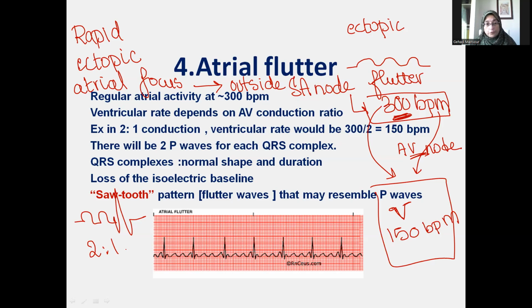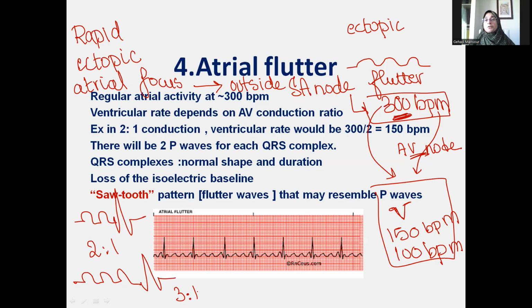But the AV node might decide to do a 3-to-1 block, in which case the ventricular rate would be only 300 divided by 3, 100 beats per minute. So you would find 3 depolarizations of the atria followed by 1 depolarization of the QRS complex, meaning that you would find 3 P waves for 1 QRS complex in a 3-to-1 block.